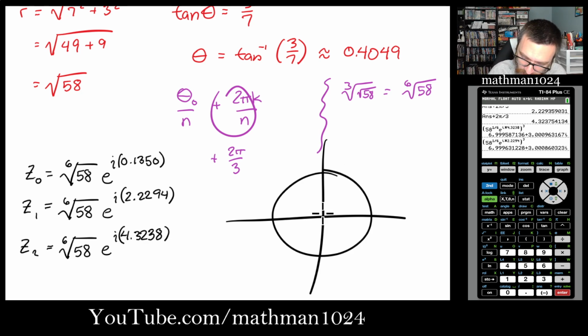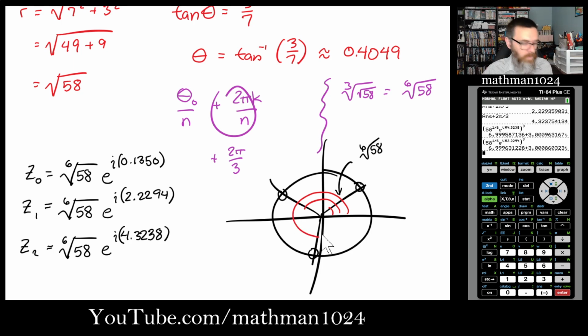But you'd have something right here for one, and here for another one, and then probably down here, where these guys are all spread out evenly from one to the next as you go around the circle. They would all have the same r value, which is the 6th root of 58. It's just you would have the 3 different angle measures for that.